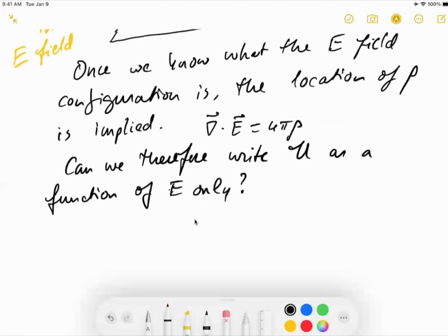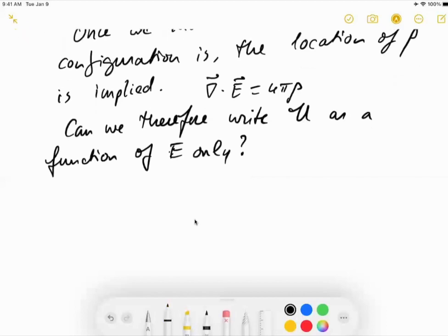And the answer is, of course, yes, you can. So let's start with this first expression. We know that U for continuous charge distributions, which is the case here, has our rho and our phi, and we integrate that over the entire volume.